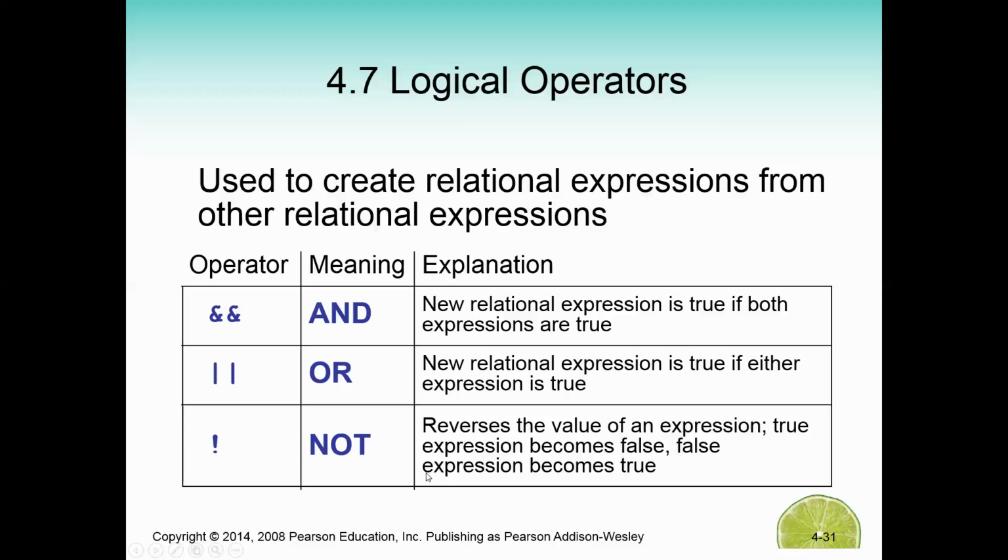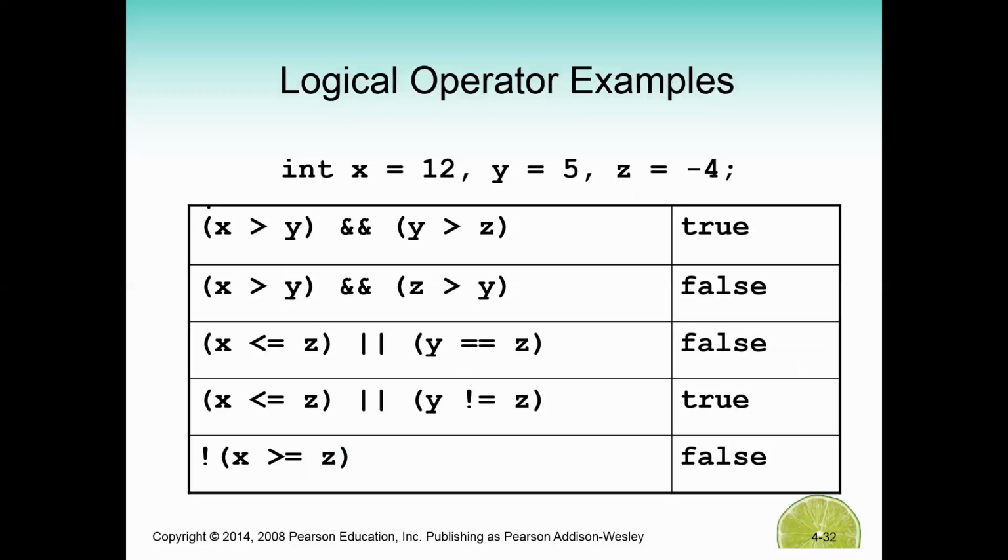The NOT is going to reverse the answer. So if I have its major equal to COSC, and the answer is yes, it's true, but I have the exclamation mark, the result of that evaluation is going to be false. It's just going to reverse it.